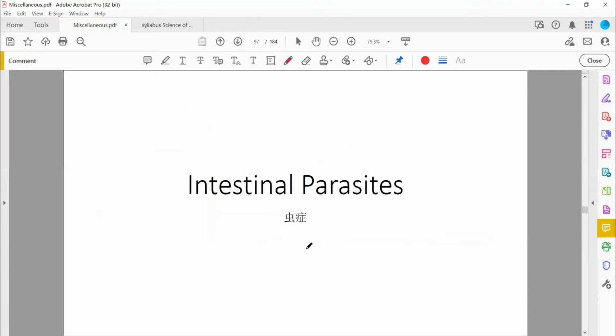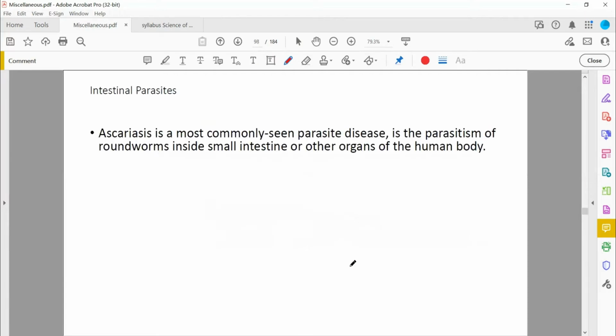Okay, let's see this one, intestinal parasites. Ascariasis is the most commonly seen parasitic disease. It is the parasitism of roundworms inside the small intestine or other organs of the human body.